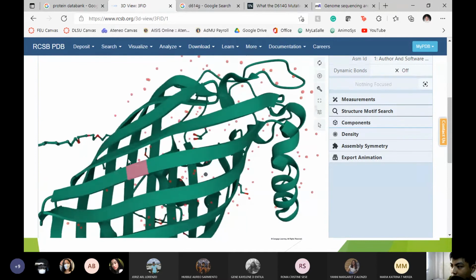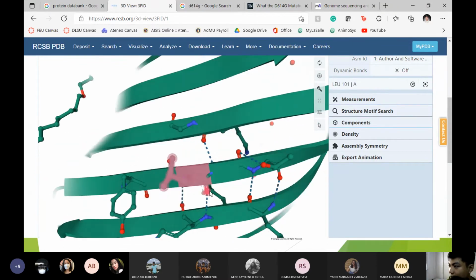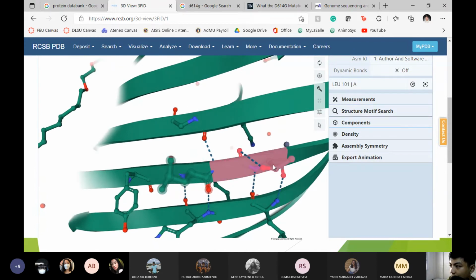This is a wonderful example. Look, this is one chain, this is the other chain. Do you see the broken line? That is the hydrogen bonding between this chain and the other chain.